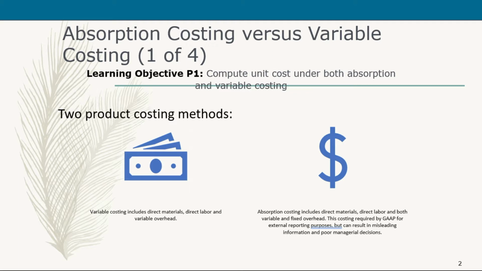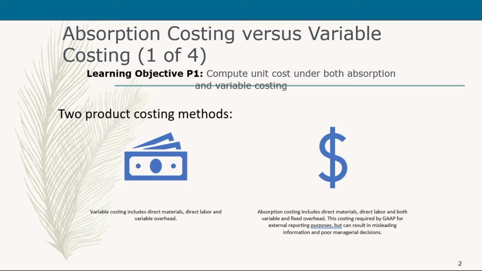Okay. Now we go to the absorption costing. Your absorption costing, or what we call your full costing, includes all the manufacturing costs, which includes your direct material, direct labor, and both the variable and fixed overhead cost. Okay?